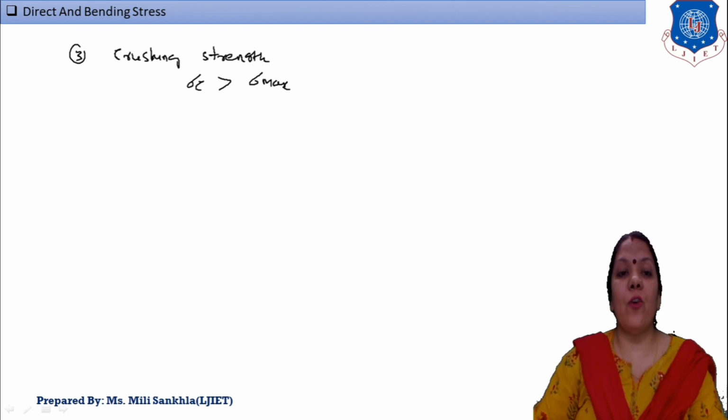That means for no crushing at the base, the permissible crushing strength is greater than the maximum stress. Now what is the value of sigma C in given data? That is 150, and sigma max we found is 144. Ultimately, again this check is okay for the dam.